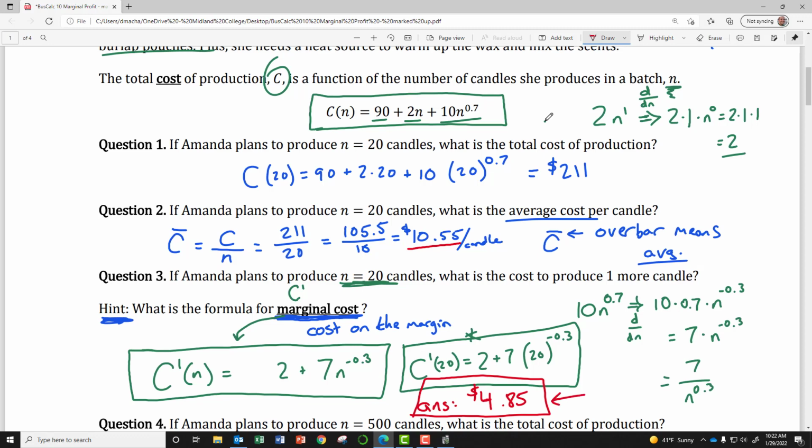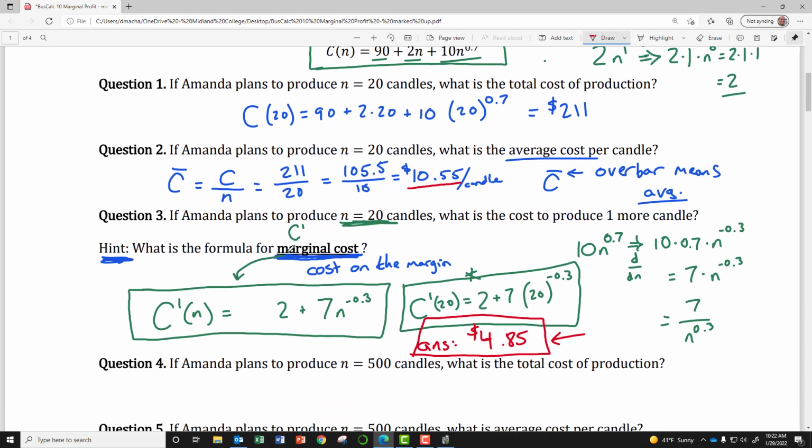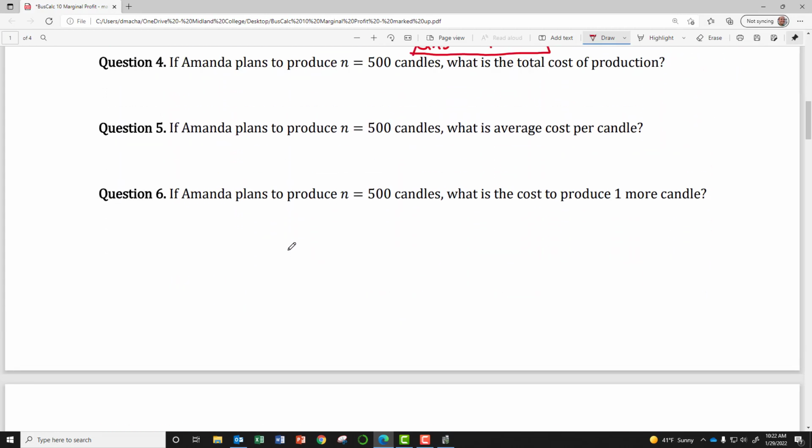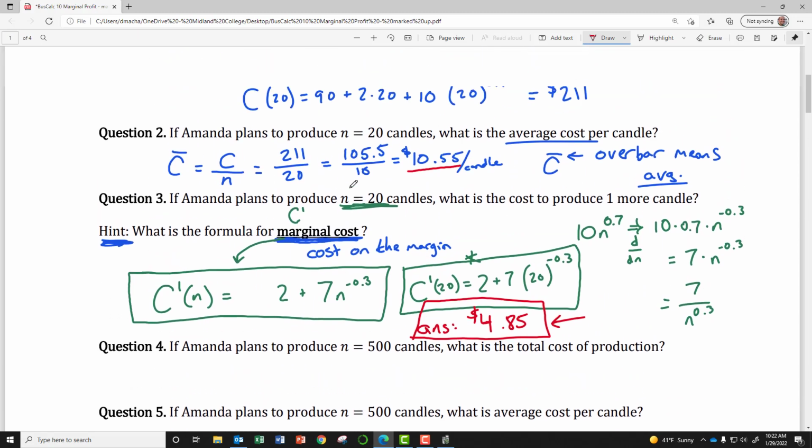So this again illustrates that the more candles you produce, the lower the cost per candle is going to be. Okay. And then we have the same 3 questions for question 4, 5, and 6, but this time we're plugging in n is equal to 500. And so I'll again work this very quickly so we can see what's going on, as our number of candles becomes larger and larger.